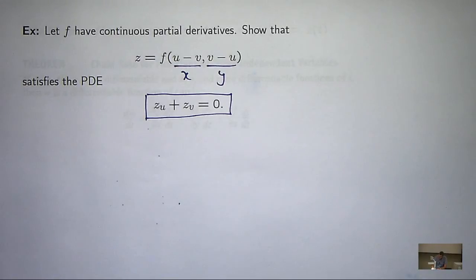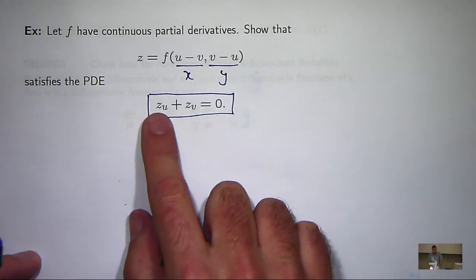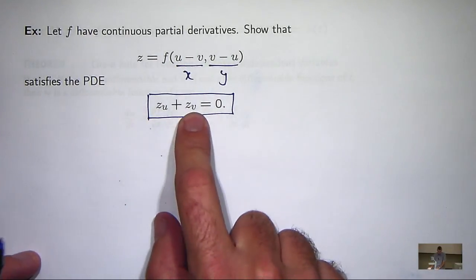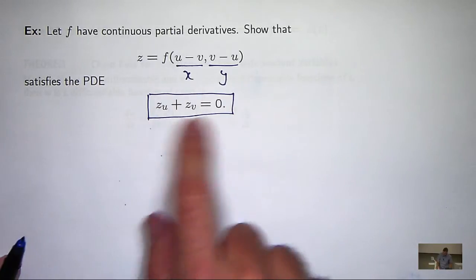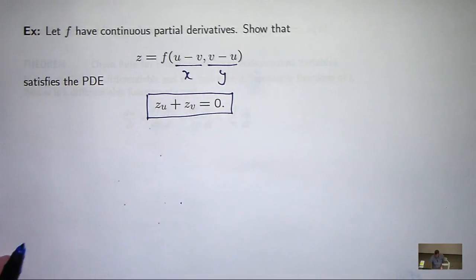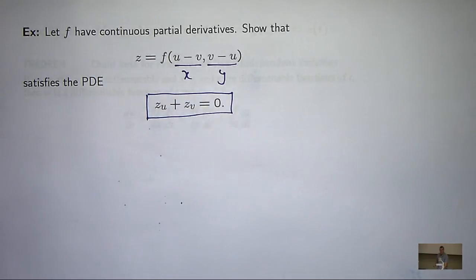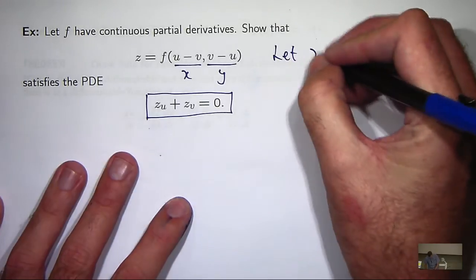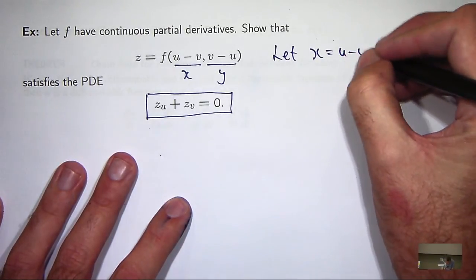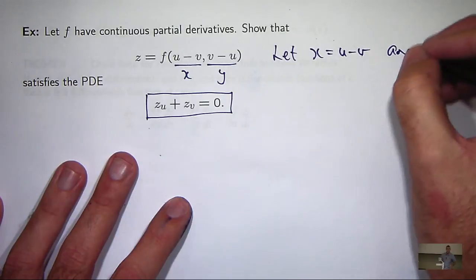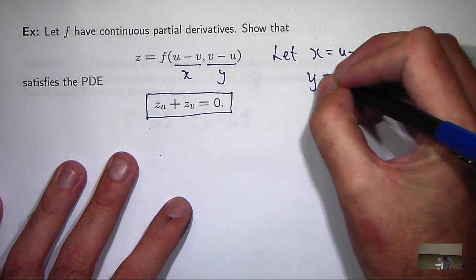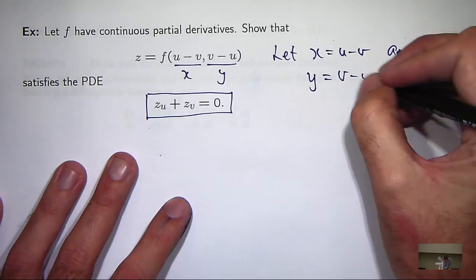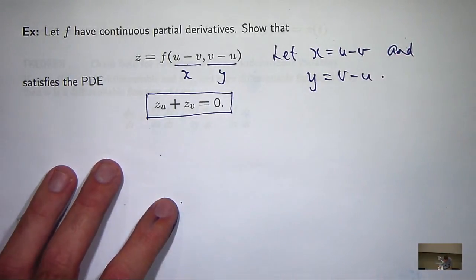And then I'm going to show that the equation holds, or the equation balances. So I'm going to introduce these intermediate variables, just to keep things simple. Let's draw our diagram, and then we can formulate our chain rule. In this case, f will depend on x and y, and x depends on u and v, and y depends on u and v.